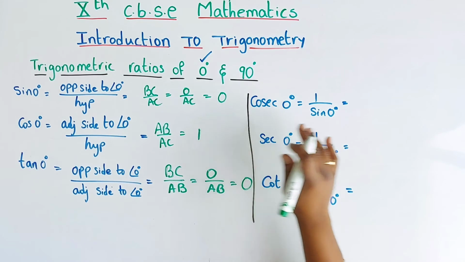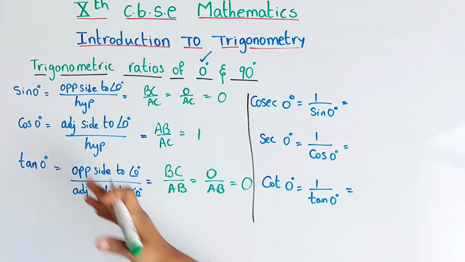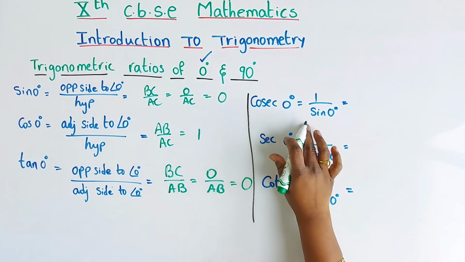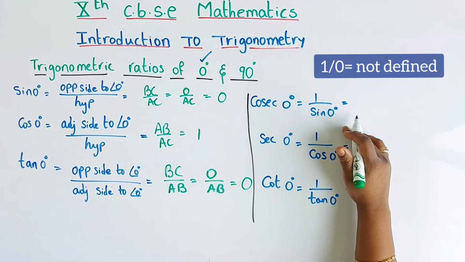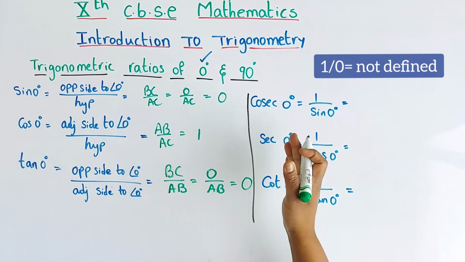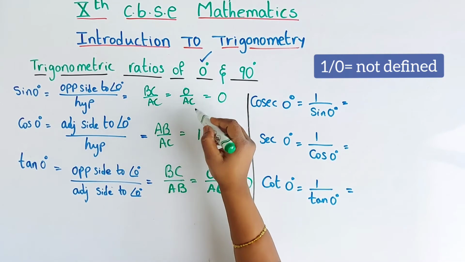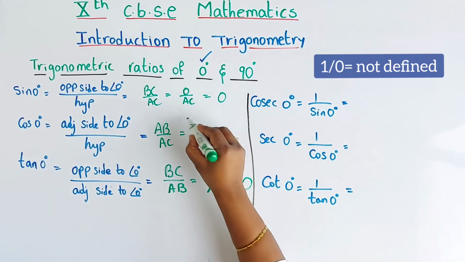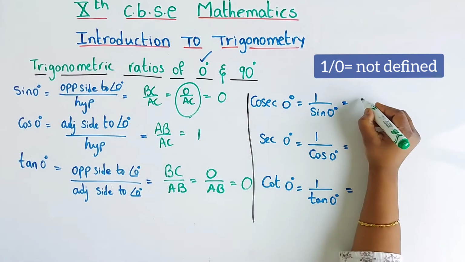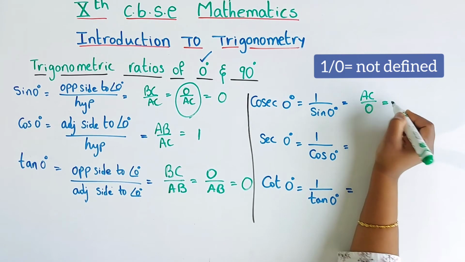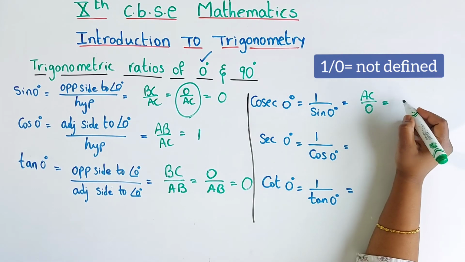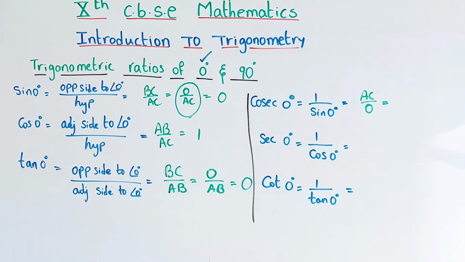Now we can find these reciprocals. Cosecant 0 degrees equals 1 by sine 0 degrees, that is the sine reciprocal. That means here it was 0 by AC, correct? Now it is AC by 0, children. Anything by 0 is not defined.